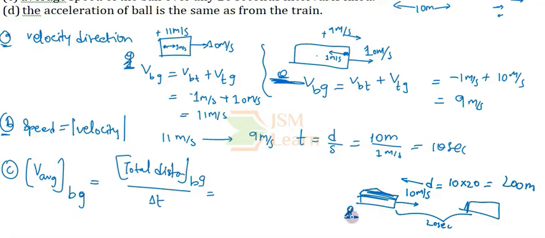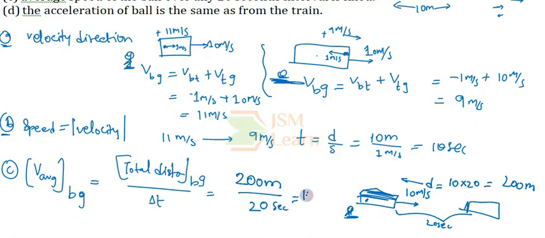With respect to the person standing on the ground, the train has moved 200 meters in 20 seconds. So he will observe that the ball inside the train has also moved 200 meters in 20 seconds. When we put the values here, the total distance traveled by the ball with respect to the person standing on the ground is again 200 meters over the time interval of 20 seconds.